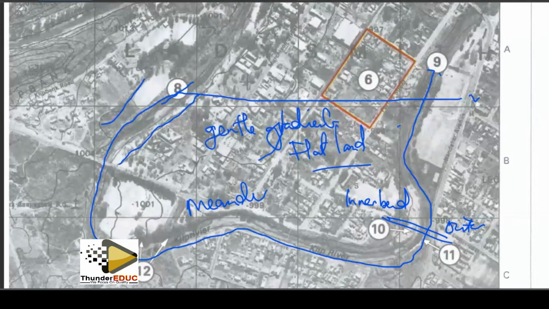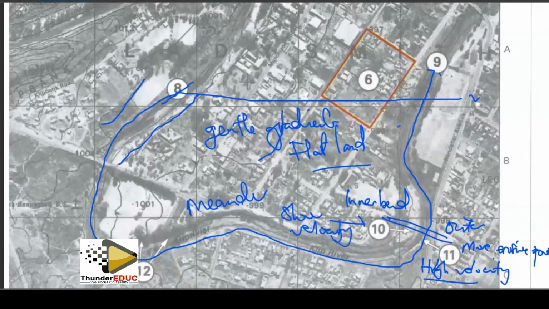What causes erosion here is the high velocity of water in the channel. The river flows at a high velocity here, and there's more erosive power than at this point. Here at this point, the water has slow velocity and it's less powerful. That is why there's deposition here and erosion there.